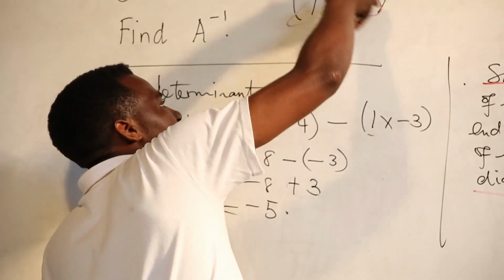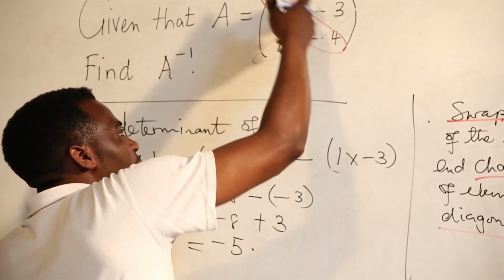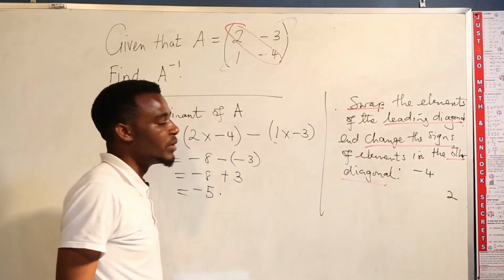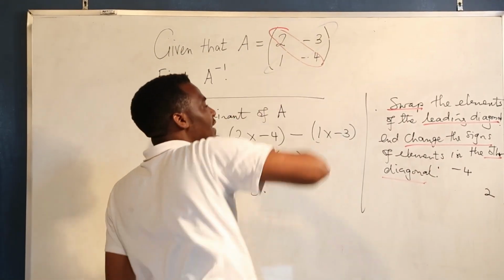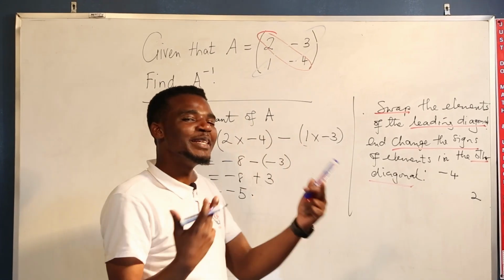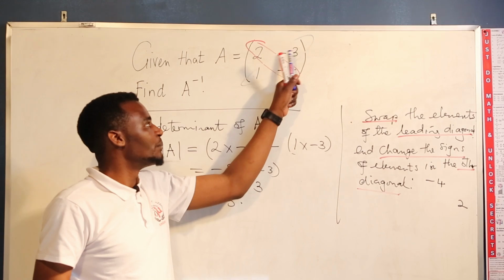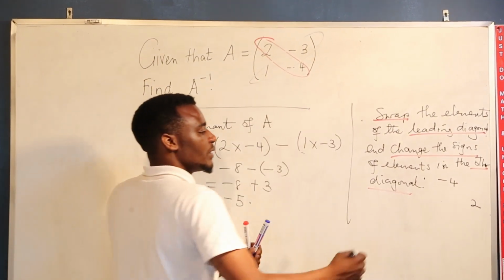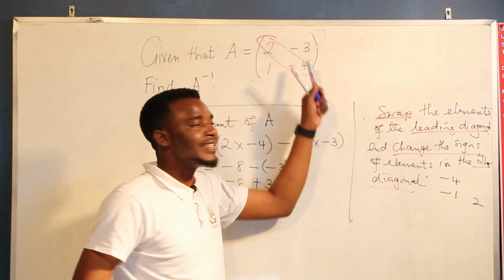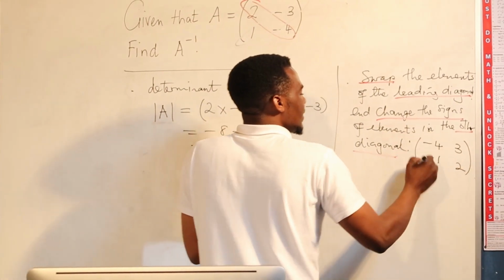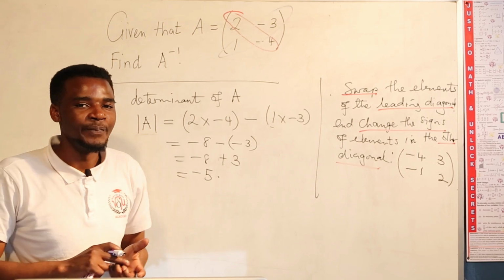For those elements that are in the leading diagonal, let's swap these elements. -4 is going to go to this side, and 2 will go to the other side. As far as the other diagonal is concerned, we simply need to change the signs, and this is so simple. This is a positive, so we're going to change this to negative, and this is negative, so we're going to change that to positive. So yes, this is the result that we get.